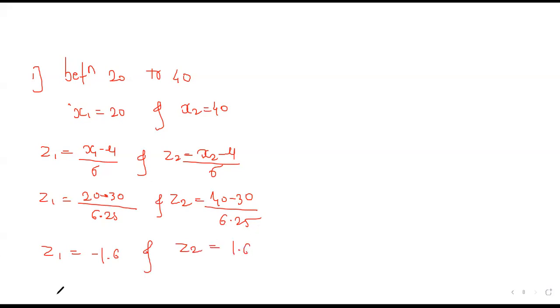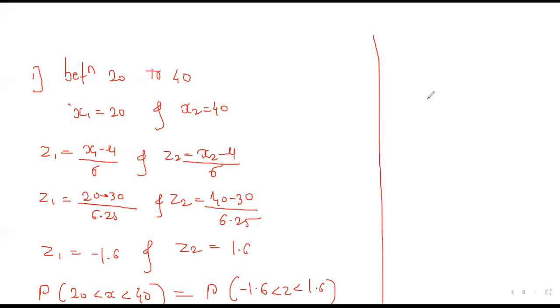Now we have to calculate the probability of 20 less than x less than 40, which is equal to the probability of minus 1.6 less than z less than 1.6. Let's consider the curve, this is our normal distribution curve. The total area from here to here is 1. If we divide this curve, here we have 1.6 and here minus 1.6.